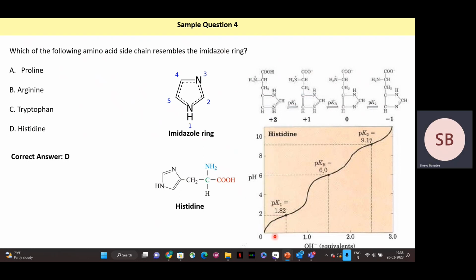So this is called a titration curve of histidine, where as you add more equivalents of the base, gradually the charge of the histidine moiety goes from +2 to -1.